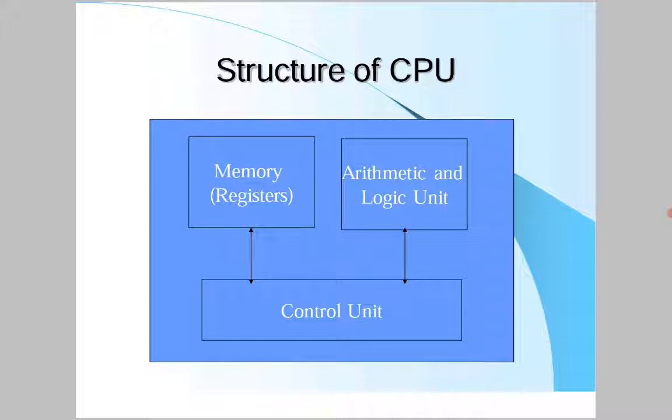These are the 3 important components of a CPU. These 3 are interconnected with each other to process the data or information, and to transfer the intermediate results, or the inputs and outputs generated.